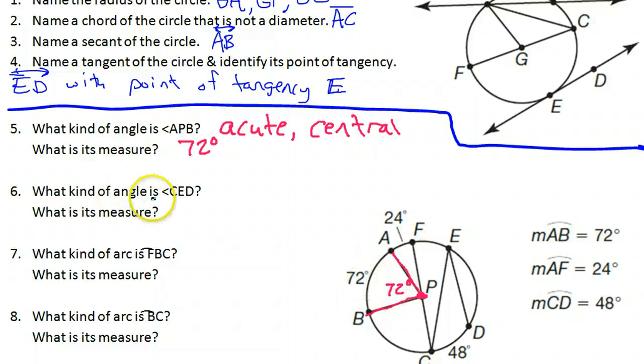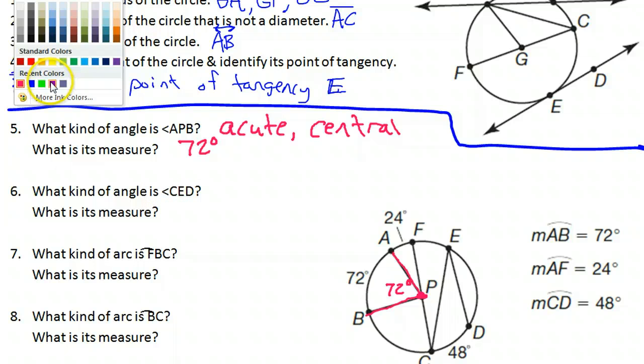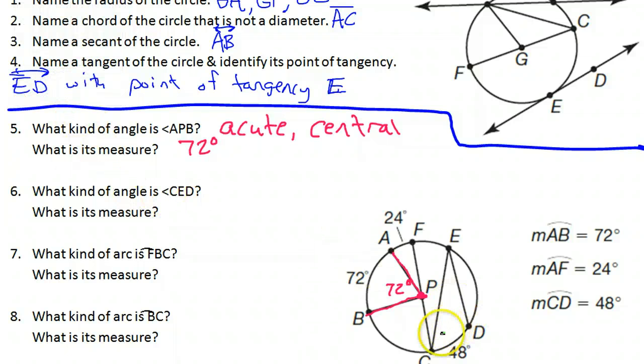Now, what kind of angle is angle CED? Alright, let's see. Let's do that one in purple. CED. Well, ladies and gentlemen, I think definitely they wanted us to say that it was a central angle before, because now I can see where they're going with this whole plan. That was a central angle.